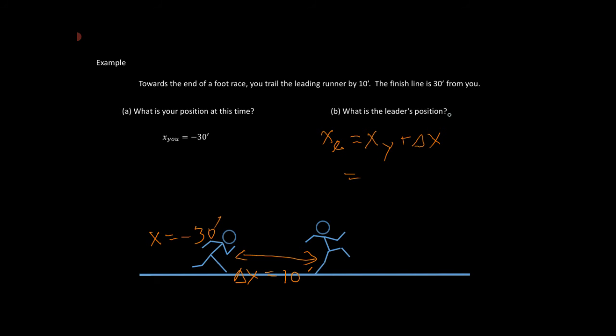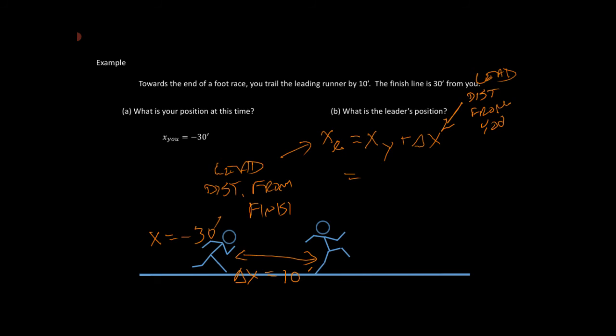So, right, this delta x is the distance from you. This x L is the leader's distance from the finish, and x Y is your distance from the finish.